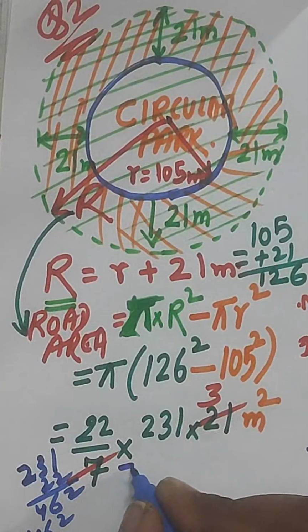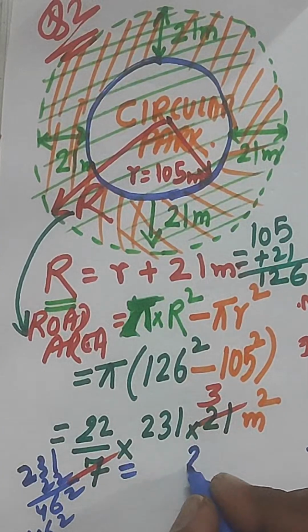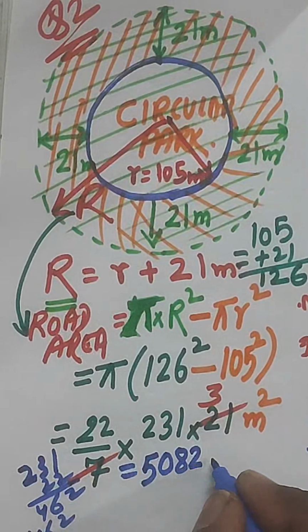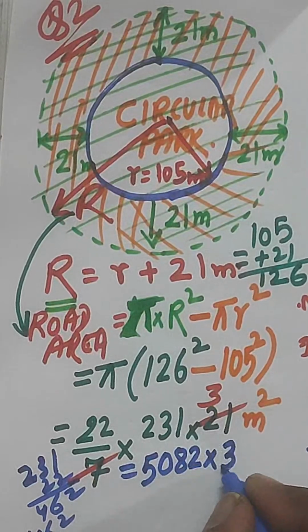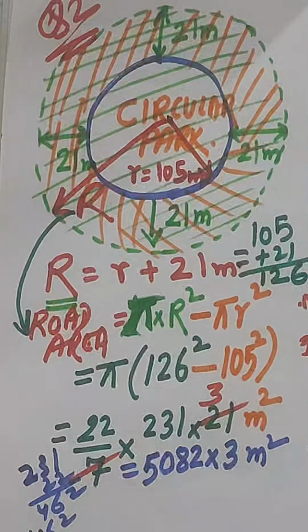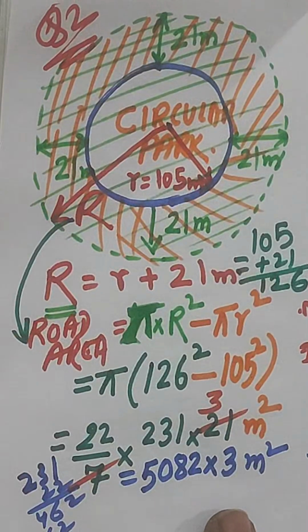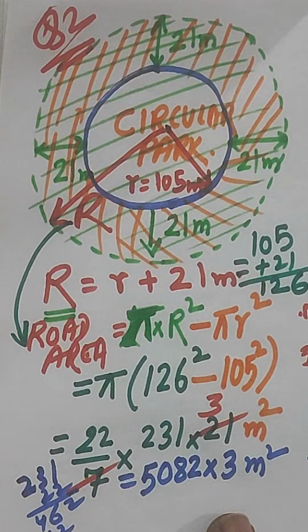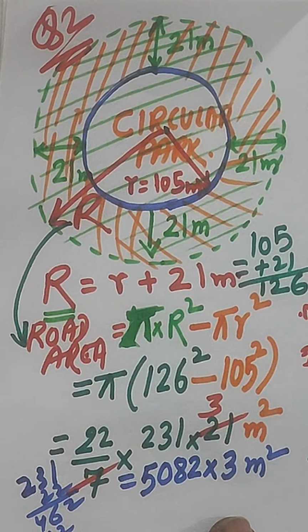So this will give you 5082 multiplied with 3 meter square. This is the area, right? This is the area of the circular path surrounding this circular park, right?